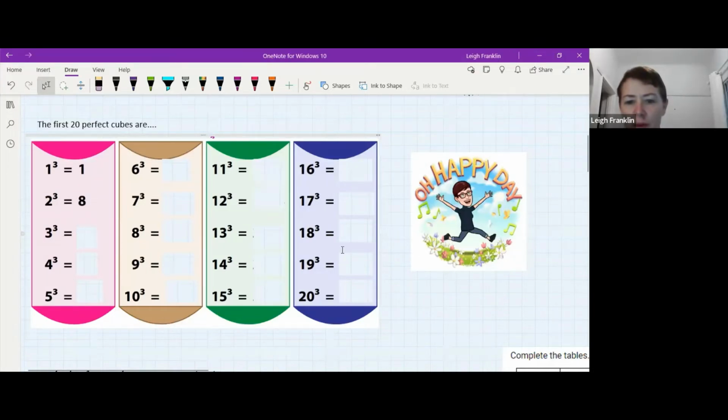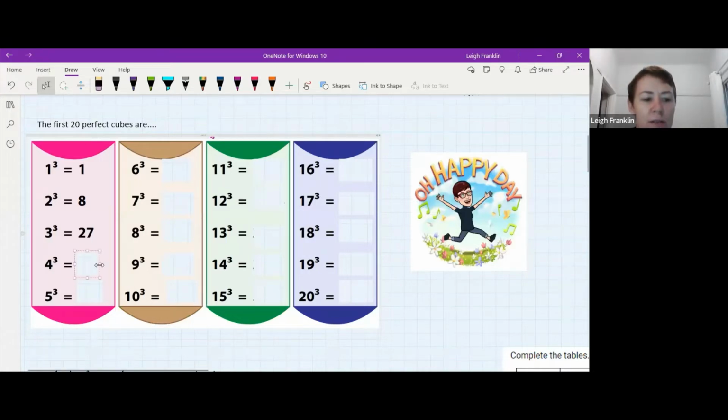That was perfect. Okay, Jody, you're next. 3 cubed means? 3 times 3 times 3 equals 27. Lovely, that's beautifully put, Jody. Well done. Okay, Kaya, you're next. 4 cubed, what does it mean? Ma'am, 4 times 4 times 4.